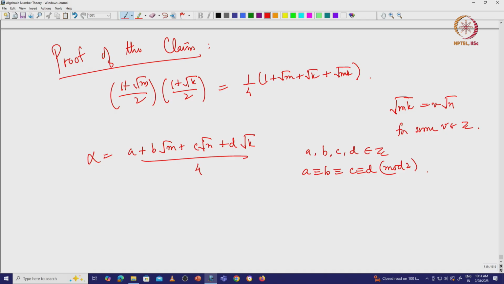So, now what I am going to try to do is the following. I want to put my alpha in two different forms.